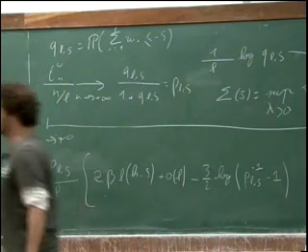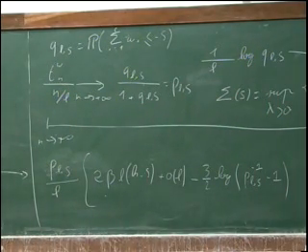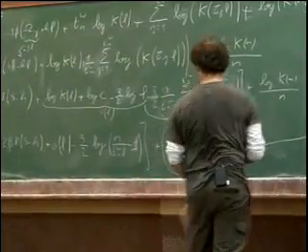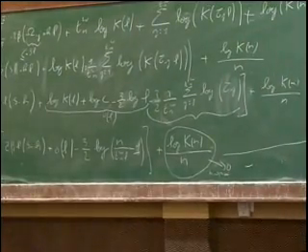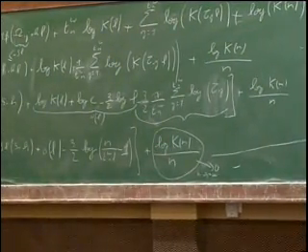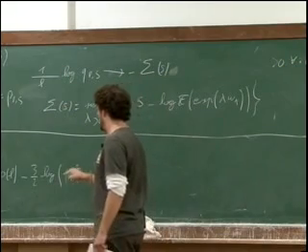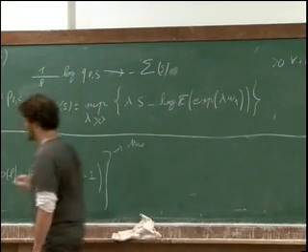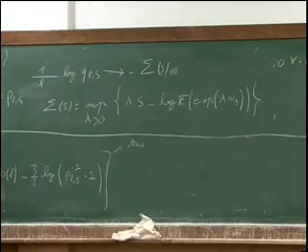And of course, log of Kn divided by n goes to 0 as n goes to infinity. So we are left with this, and this is true for all L and delta.